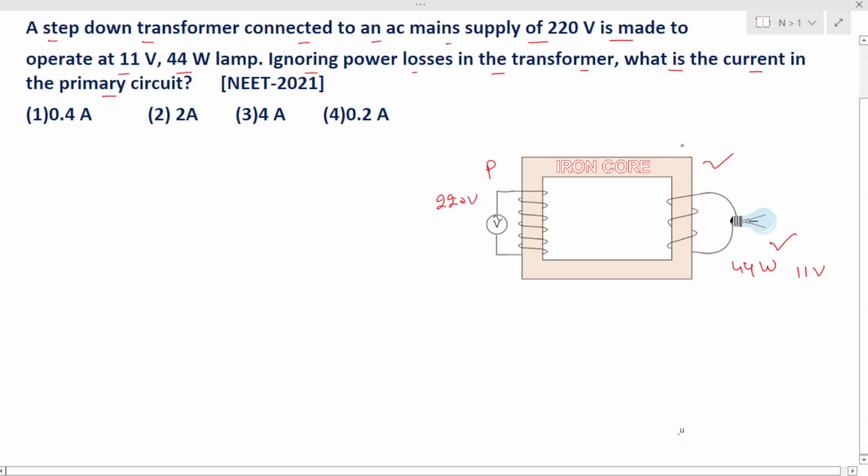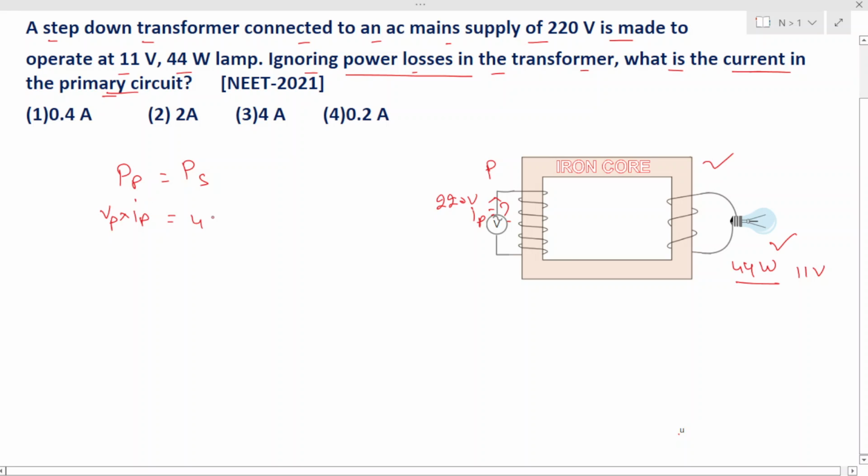Now what is he asking us to calculate? He is asking us to calculate the current in the primary circuit, that is this IP. He gave that there are no power losses in the transformer. That means the power in the primary will be equal to the power in the secondary. Power in the primary can be written as Vp into Ip, and power in the secondary is Vs into Is, which he gave as 44 watt.